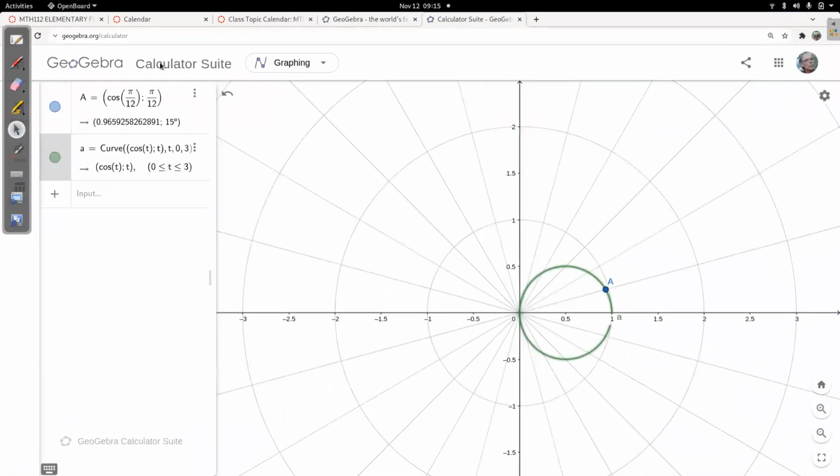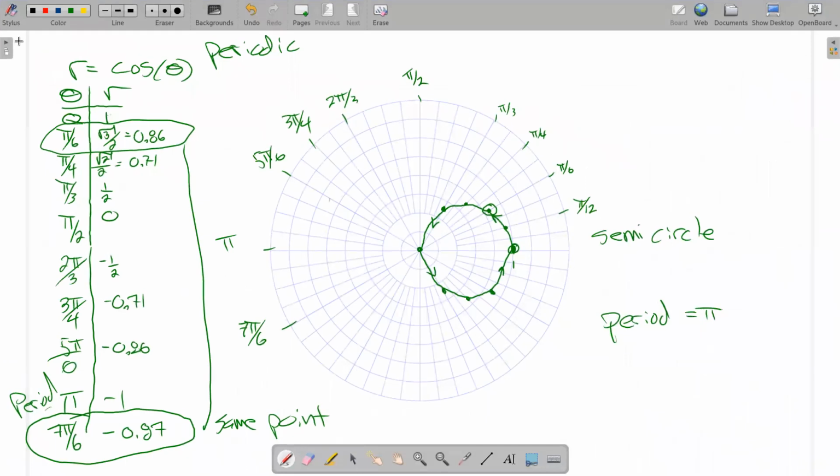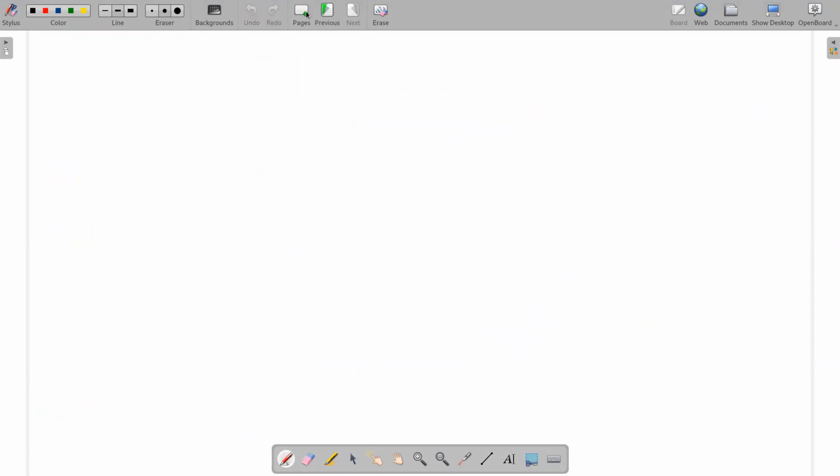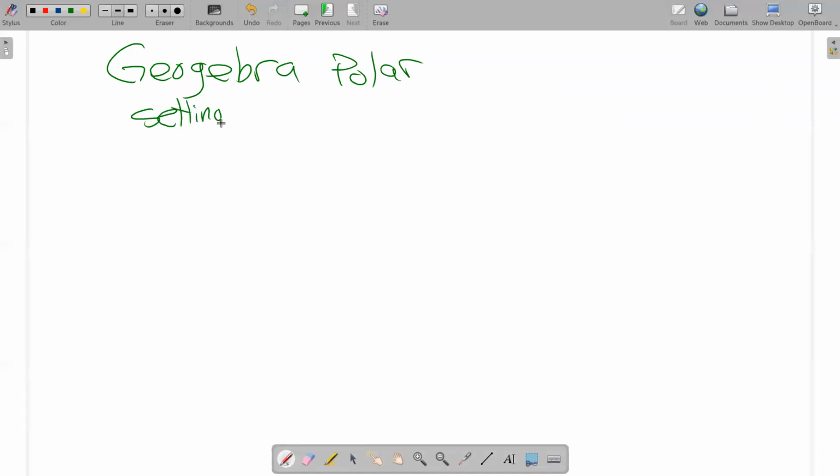All right, so quick note on graphing polar in GeoGebra. First, I like to go to the settings and then change, in the second part of the settings again, the grid to polar.